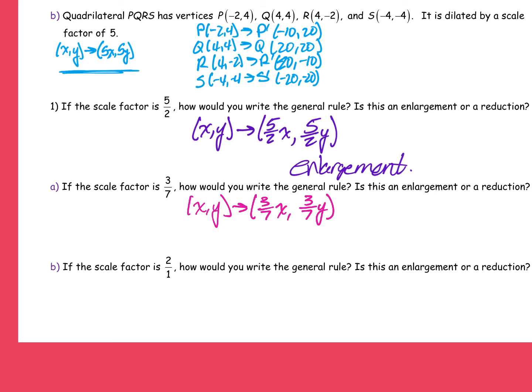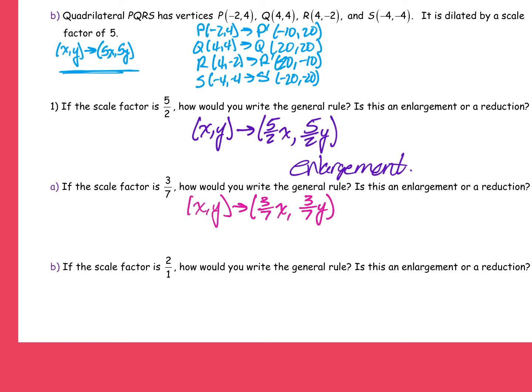Okay, why do you think it's an enlargement? Is 3/7 bigger than 1? No. If I have a pizza that's cut into 7 pieces and I only have 3 pieces left, is that bigger than 1 or less than 1? Less than a whole or bigger than a whole? One whole. Does that make sense now?